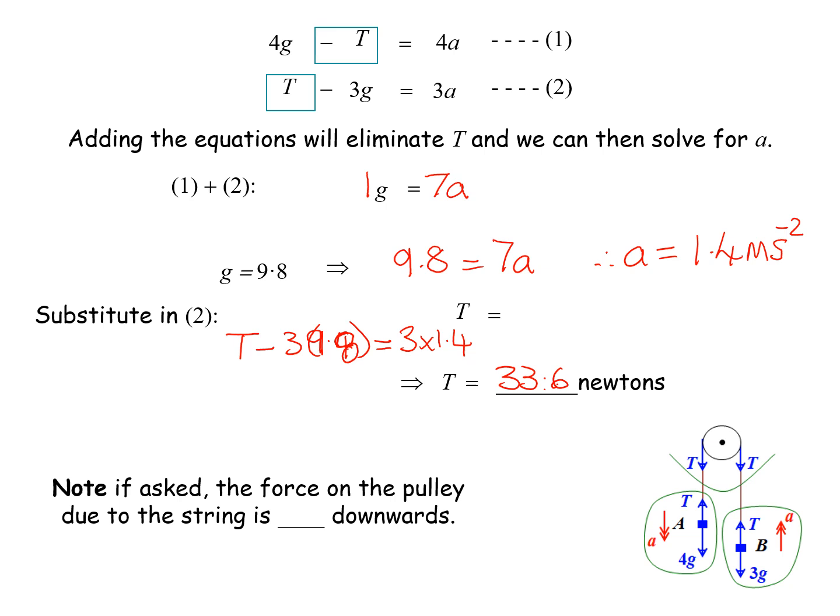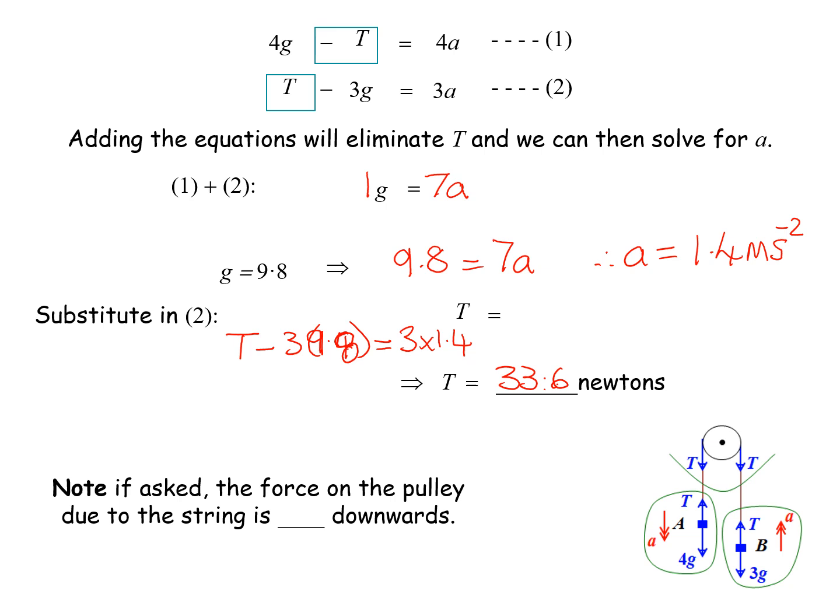And on the other side, I've got 3a's. I have minus 1t. And that equals, because I brought that over here, negative 3 times 9.8. I'm pressing exe again.